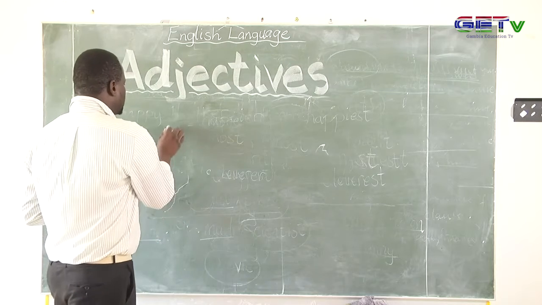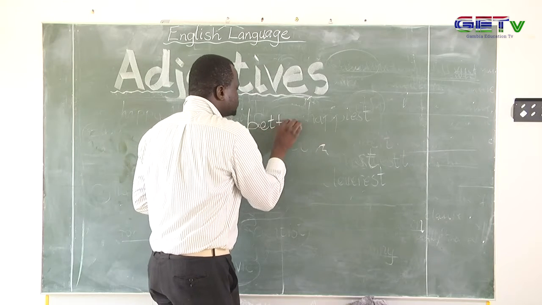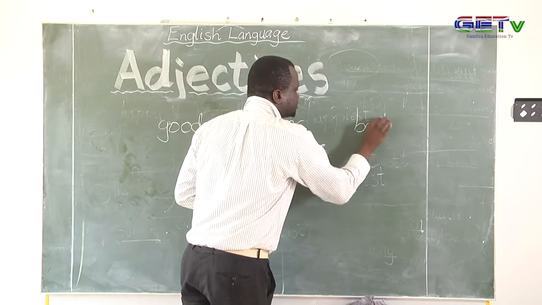Example given is good. It does not follow the rule where you add ER and say gooder, and add EST and say goodest. No. Good, and the comparative becomes better, then the superlative best.